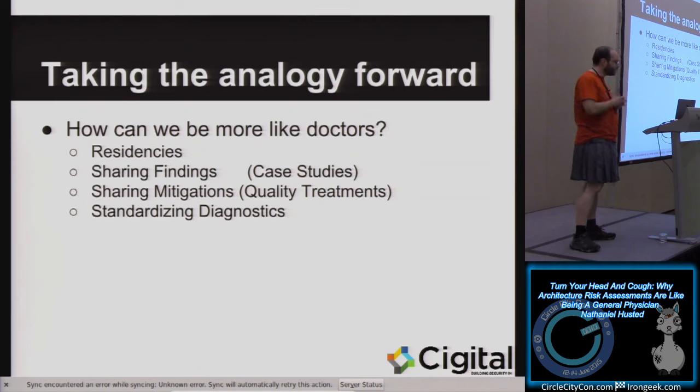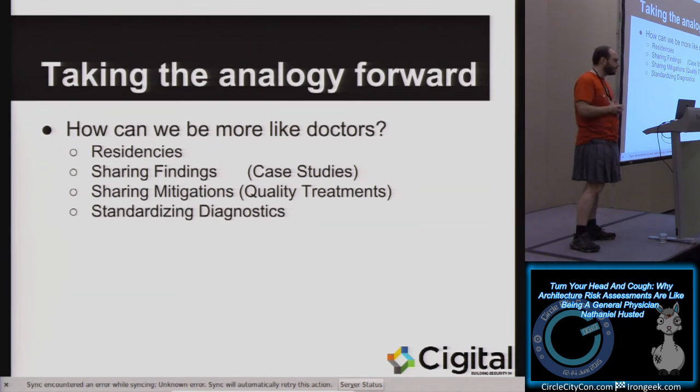So there's, I think, four areas, off the top of my head, that I've been able to think of. I'm sure there are many more, but we have a very limited time for this talk. So first off, residencies, right? Doctors have residencies where they are kind of doctors, they're kind of graduated, but they're still learning. We also have the ability to share findings and case studies.